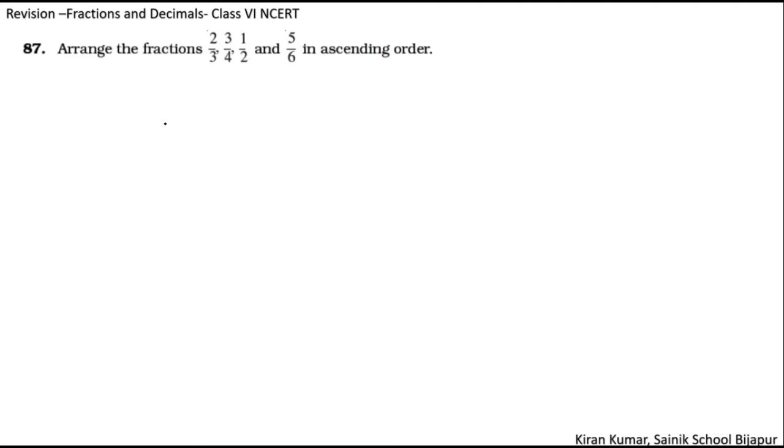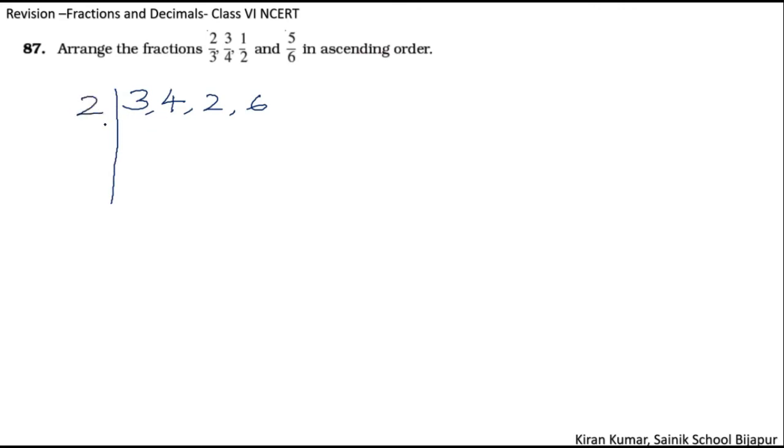First we need to make them with the same or a common denominator. Here the denominators are 3, 4, 2 and 6. Let us first find out the LCM of these denominators.